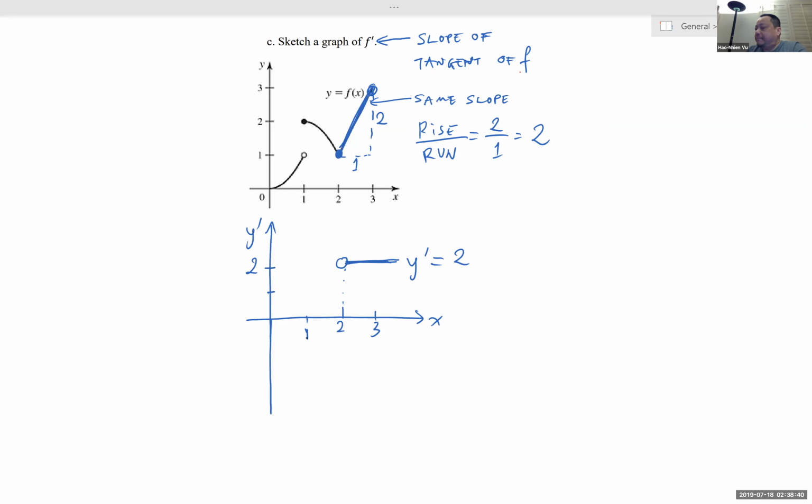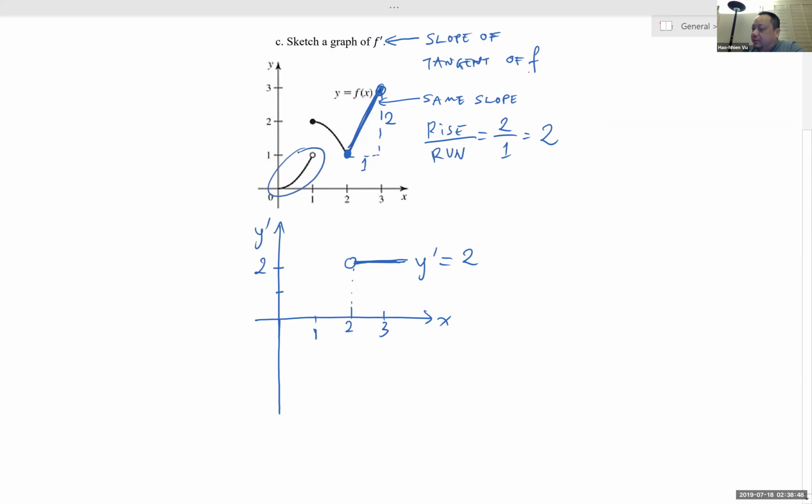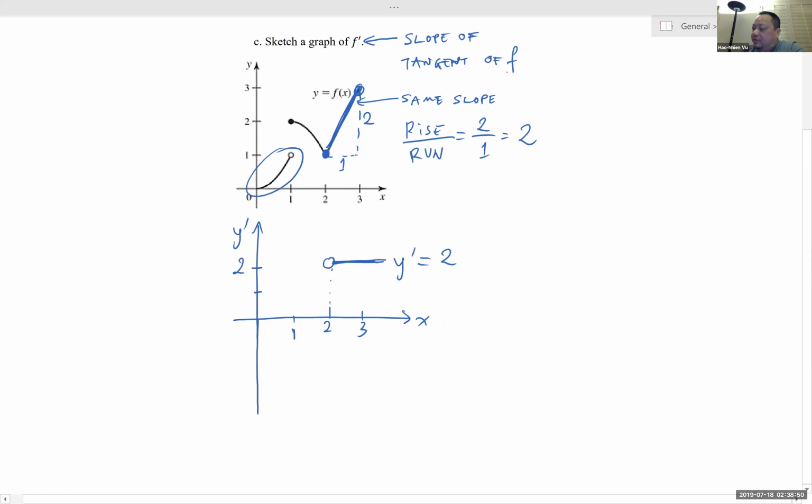All right. Now let's do it in order from left to right. This first piece, the slope starts out at the beginning looking flat.